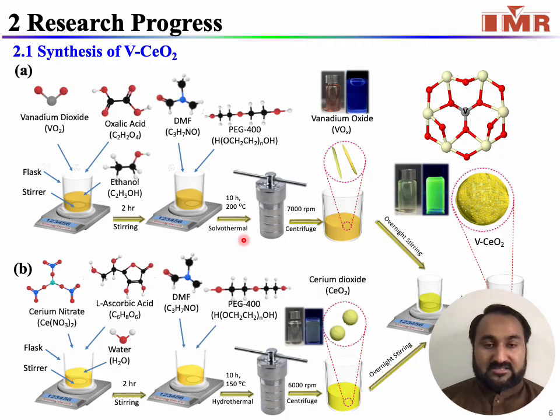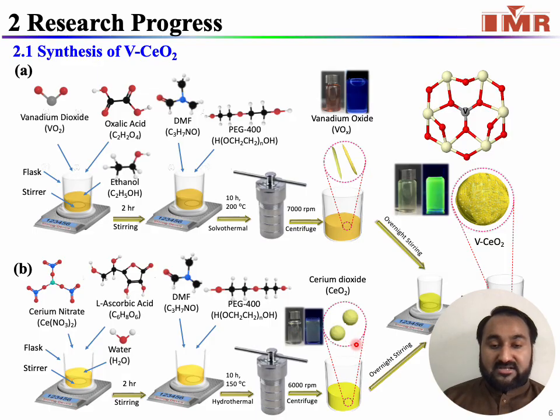So this is the synthesis scheme we have made. We used vanadium oxide as the precursor, oxalic acid as the reducing agent, and DMF and PEG4 as ingredients to prepare the VOx quantum dots. Then we prepared CeO2, using cerium nitrate and ascorbic acid as the reducing agents, and the same DMF and PEG3 as ingredients.